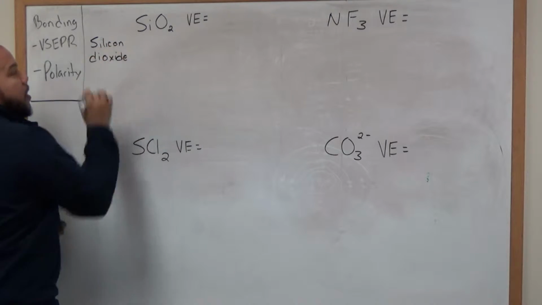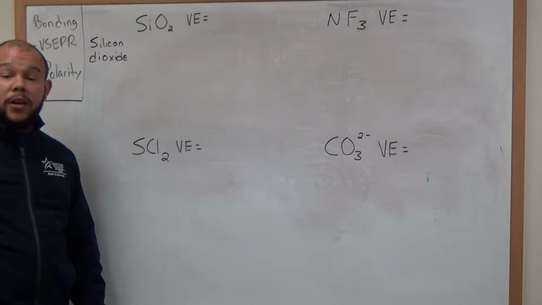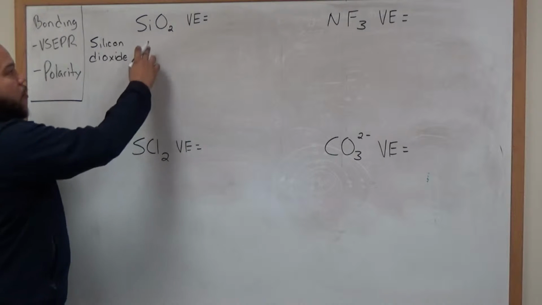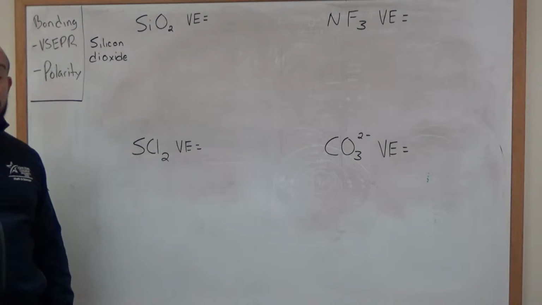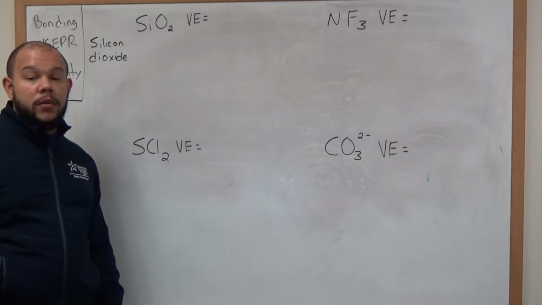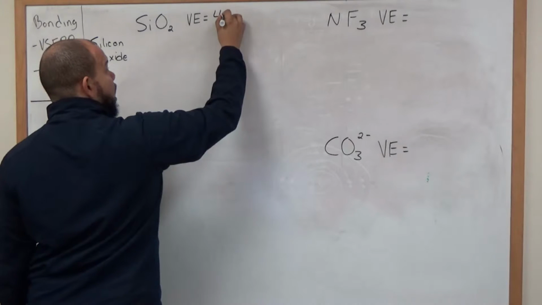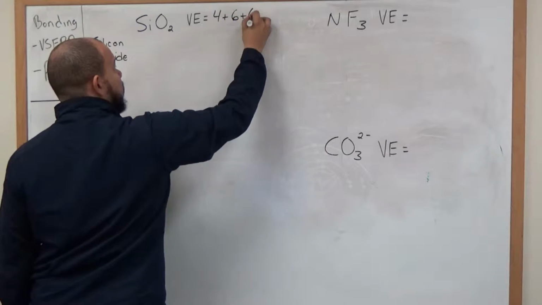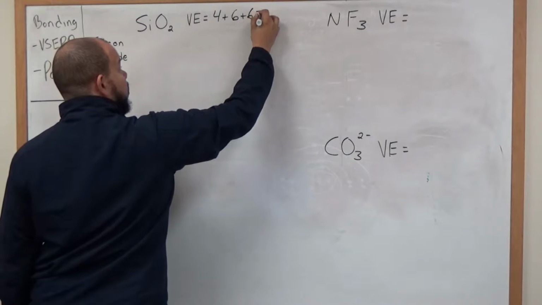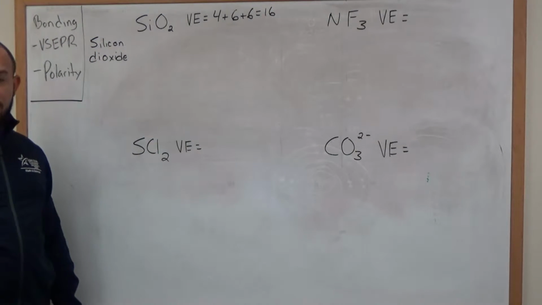It's always good to get nomenclature practice in, even while you're doing molecular geometry. All right, valence electrons. We go to our periodic table, we see that silicon is in the 4A column. That means that it brings 4 to the table. Oxygen brings 6 apiece. So there are 16 valence electrons in this molecule.